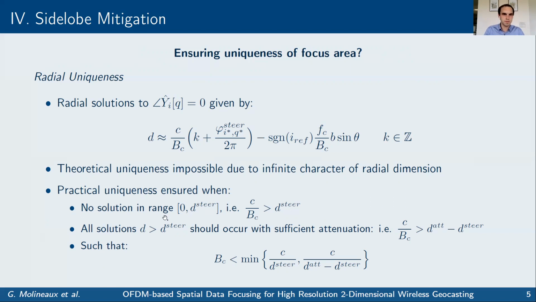And secondly, that the solutions that are beyond the steering point should occur at ranges where the attenuation is sufficient to not be able to retrieve the symbols, meaning that, again, the periodicity should be larger than the attenuation range minus the steering range. And if both of these conditions are satisfied, then practical uniqueness in the radial domain is ensured. In short, one can say that when designing a system, the subcarrier bandwidth should be chosen such that it is smaller than the minimum of these two expressions.